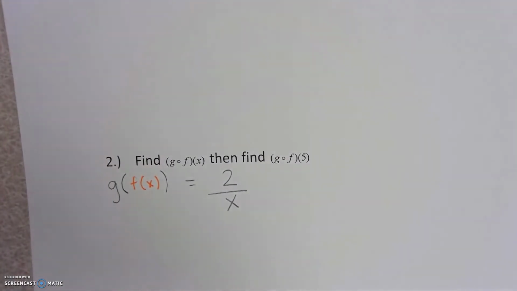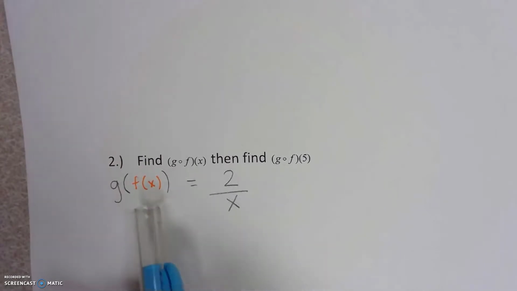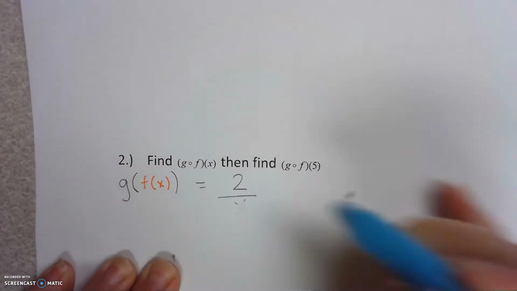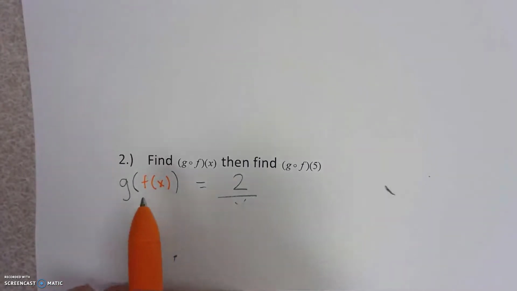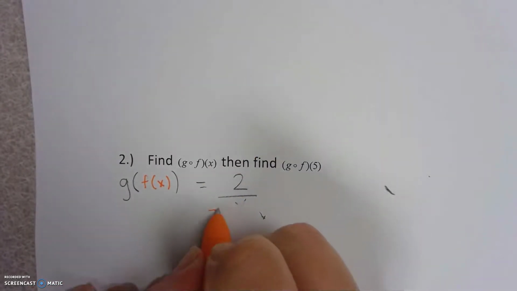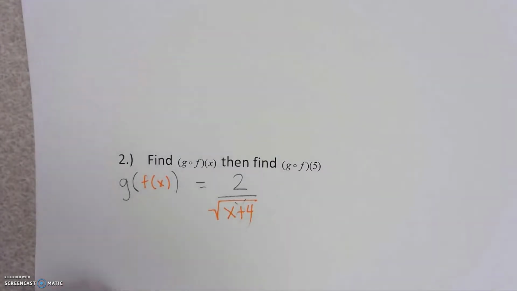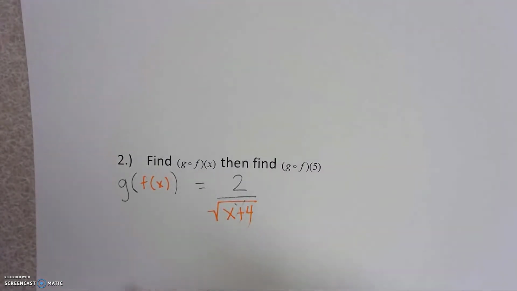Now I want to replace this x with f of x. So I'm going to take that x off, and write f of x in its place, which is the square root of x plus 4. If I can simplify it, I go ahead and simplify it.